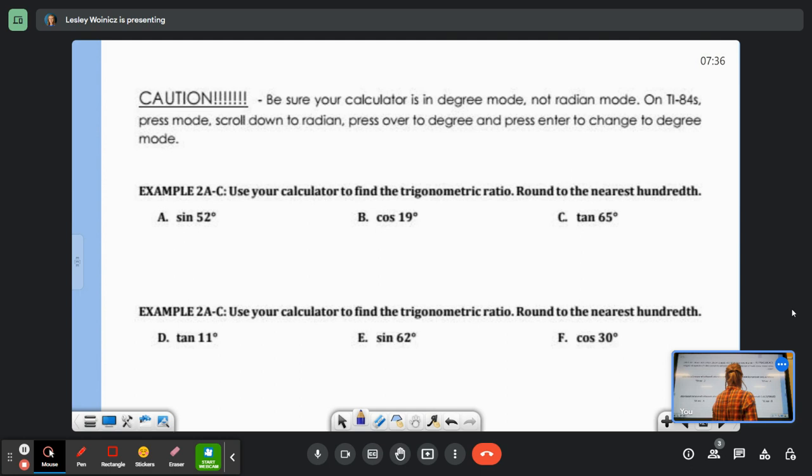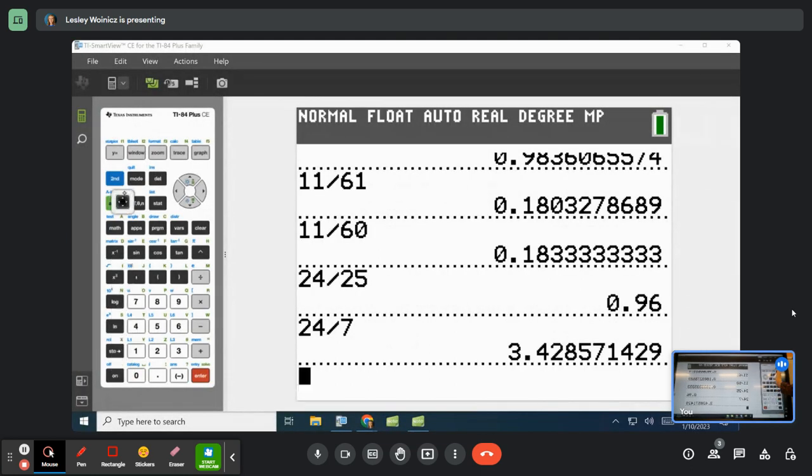So if I want to find the sine of 52 degrees, I can use my calculator to find that ratio. I can just put in sine. You see the little sine button? Sine of 52. This is when it's really important that you're in degree mode and not radians.